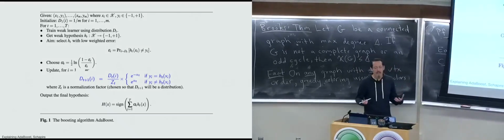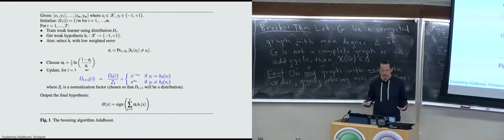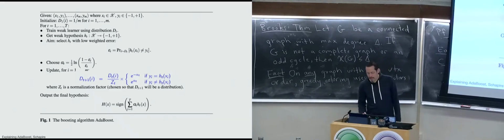Okay, this is the algorithm for AdaBoost. So we're going to start by training a learner with a starting data set. We're going to create this weak learner, and we're going to find out how bad is it on the training set.